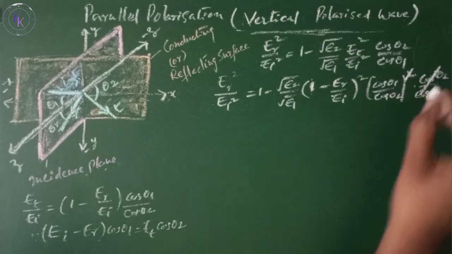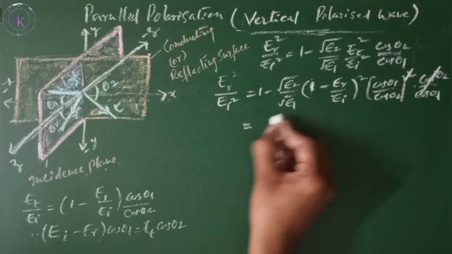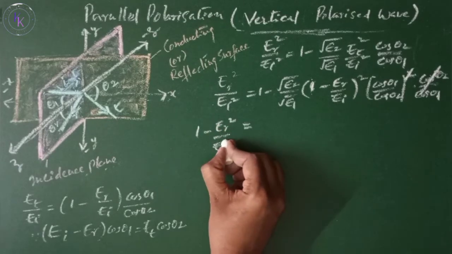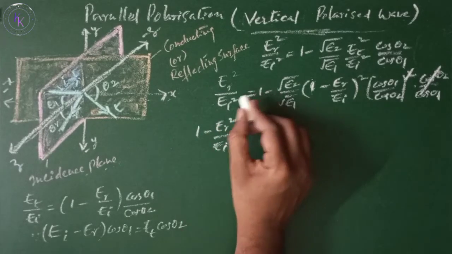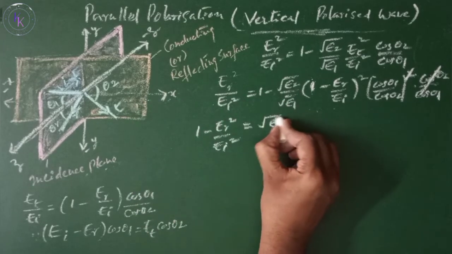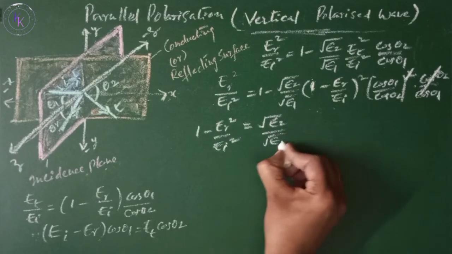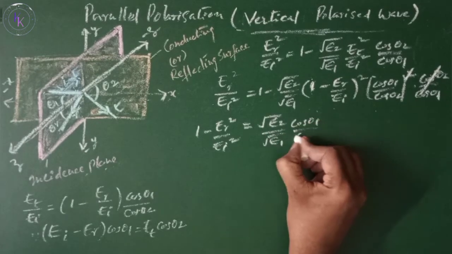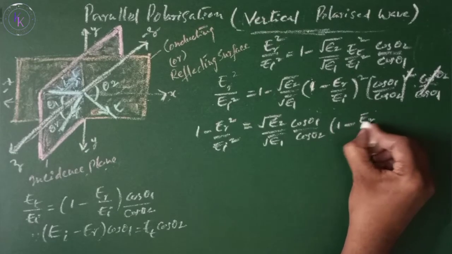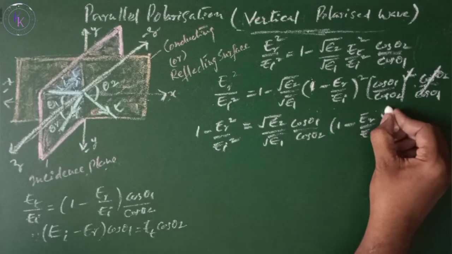So the square gets cancelled along with this. Then you can expand this, 1 minus Er by Ei square. Now I'm taking this towards this and this one is towards here. Then this will be square root of epsilon 2 by square root of epsilon 1, cos theta 1 divided by cos theta 2, times 1 minus Er by Ei whole square.